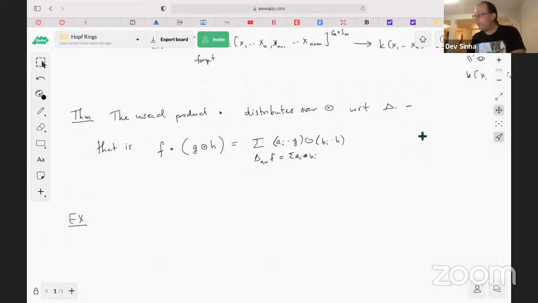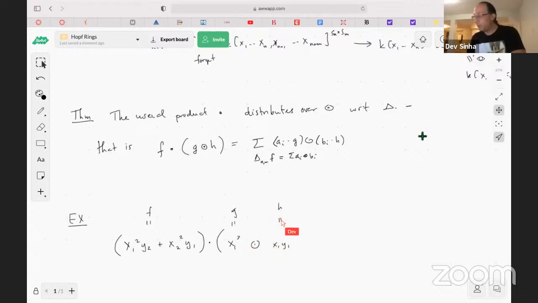Okay, so in the example, our f is going to be, say, x1 squared y2 plus x2 squared y1, and let's multiply that by our g, which is going to be x1 cubed, times our h, which is going to be, and this is again the induction product, say x1 y1.